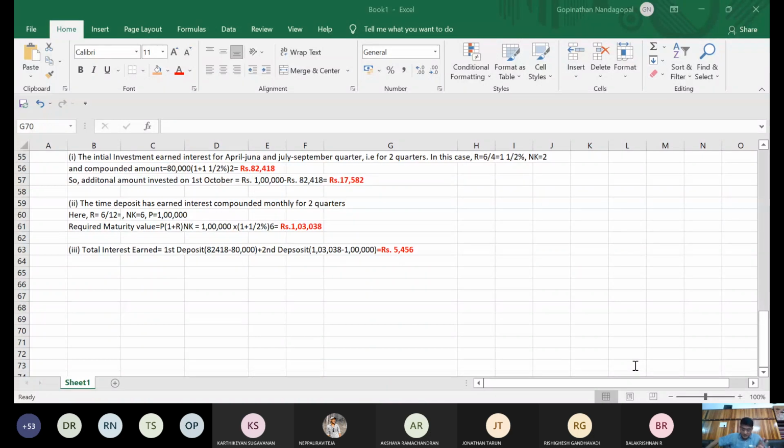N is also called K, the number of times in a year. Minus 1. Where I stands for the rate of interest, N or K stands for the number of compounding periods per year. So this is called effective rate of interest.